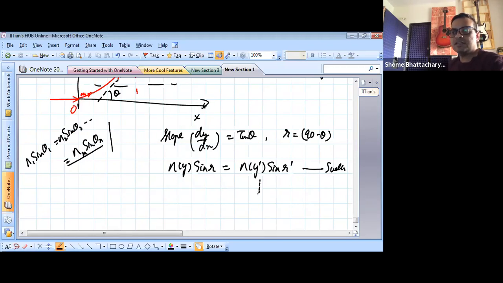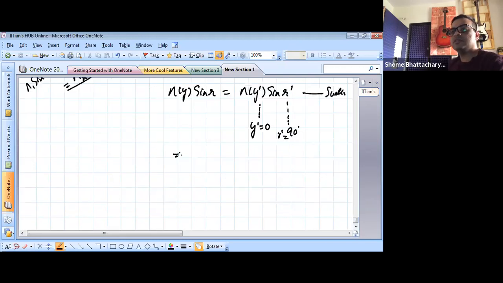Now in this you can select y prime as 0. So the angle over here, it's a normal incidence, is tending to 90 degrees. So our general equation will be refractive index as a function of y into sin r, which was nothing but sin of 90 minus theta, will become whatever the refractive index is at 0 into sin 90.